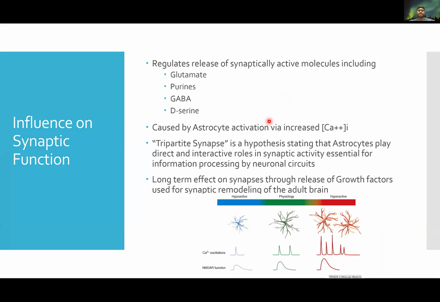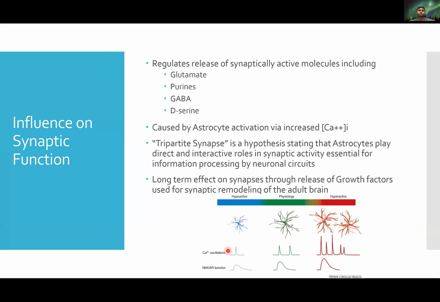And as you guys can see from this bottom picture, the release is based on calcium oscillations because, as we said, the astrocyte is excited not by action potentials but by calcium oscillations. So there's a hypoactive state, a physiological state, and a hyperactive state.